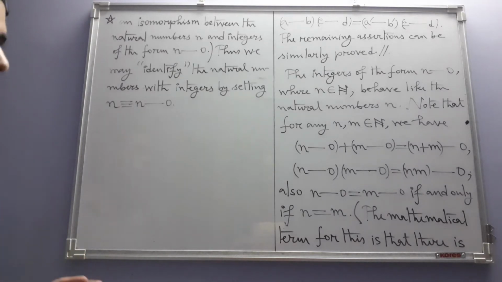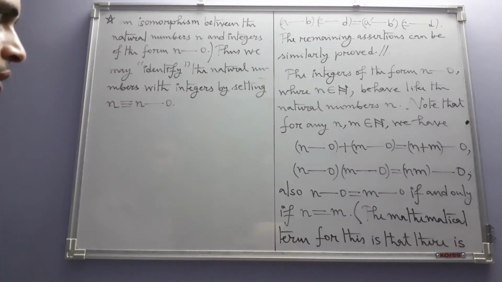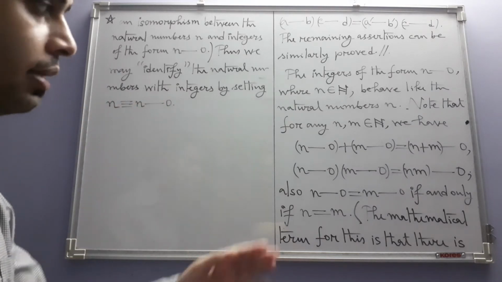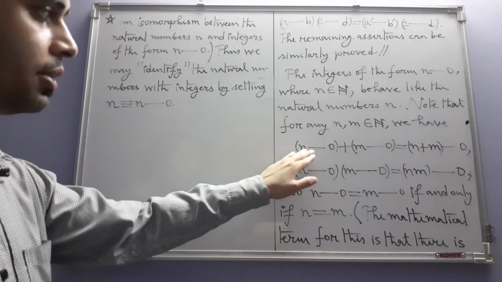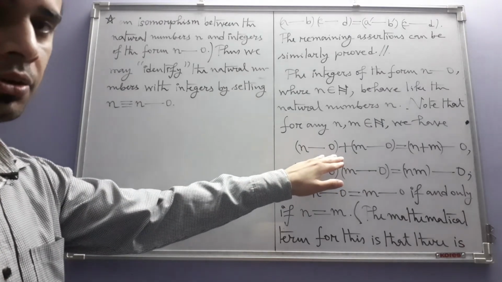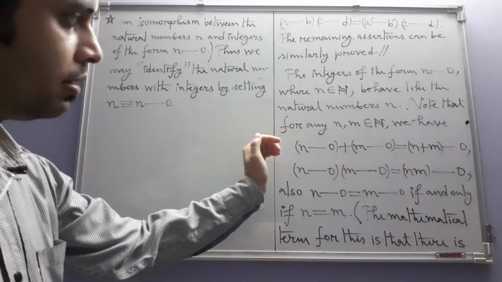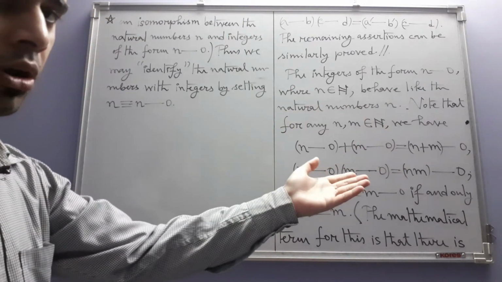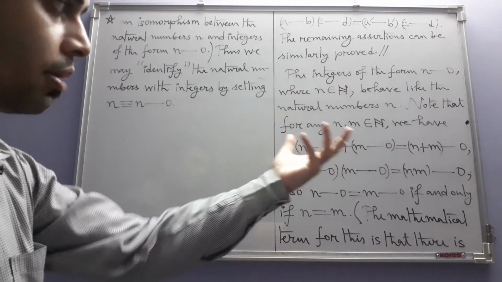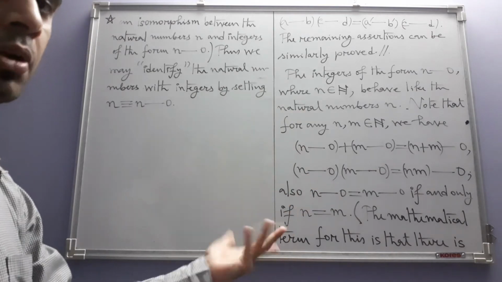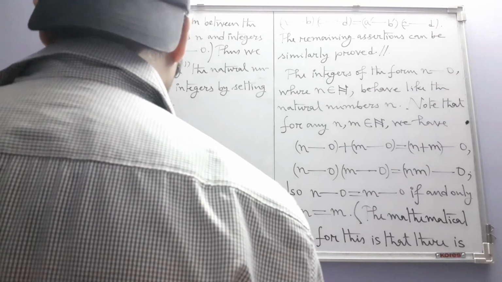That is, we choose to not distinguish between this integer and this natural number, and we are justified in doing that because of these facts. Okay, in place of n minus n dash 0, if I write n, in place of m dash 0 if I write m, then adding them I would ordinarily get n plus m, but that corresponds to n plus m dash 0 according to our association. So things fall in place, luckily. So that's why we can make this identification and it's justified.